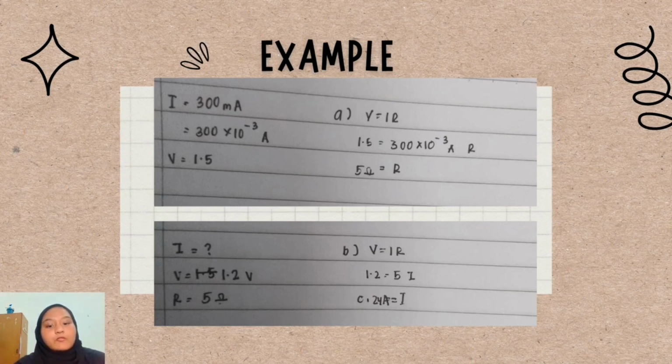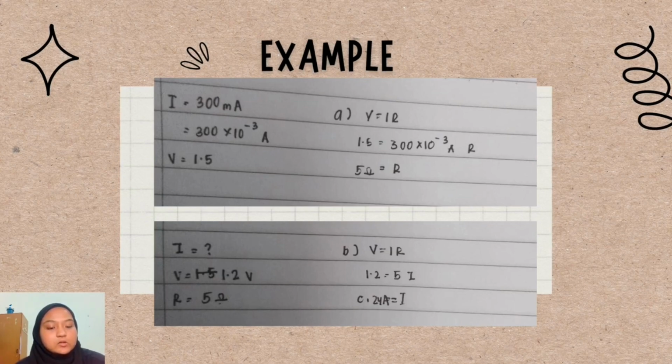For question B, the voltage was decreased to 1.2 volt and the R is 5 ohm, so we need to find the I. We will use the same formula, which is V equals IR.